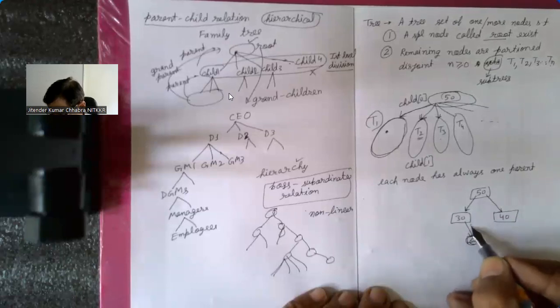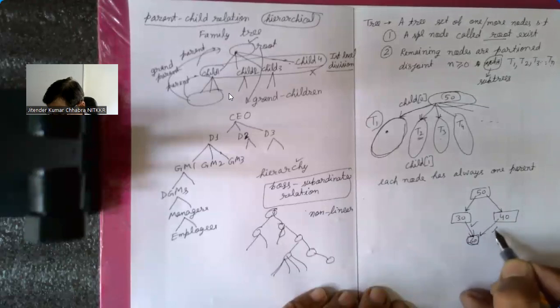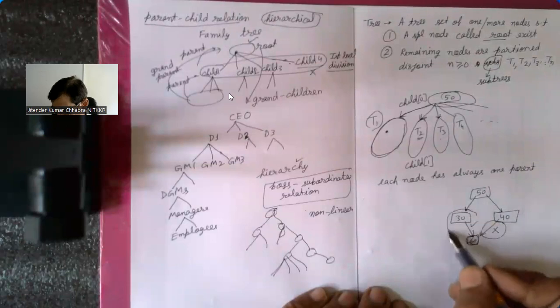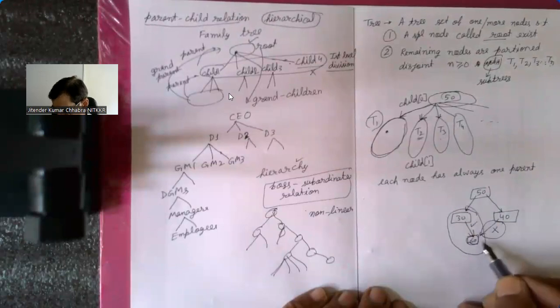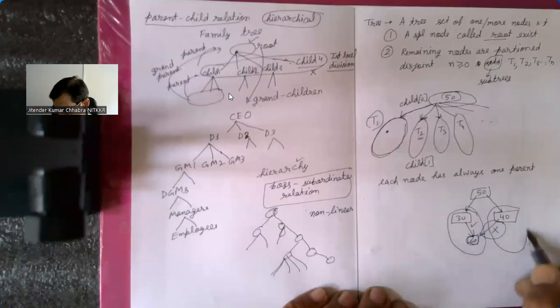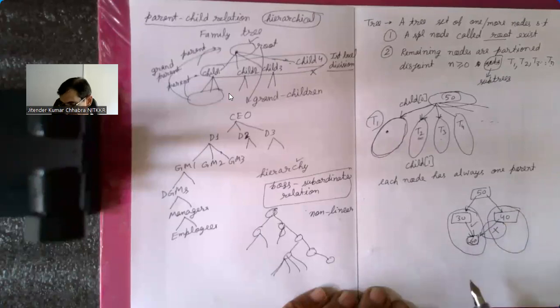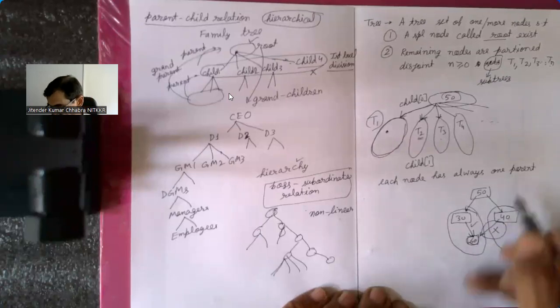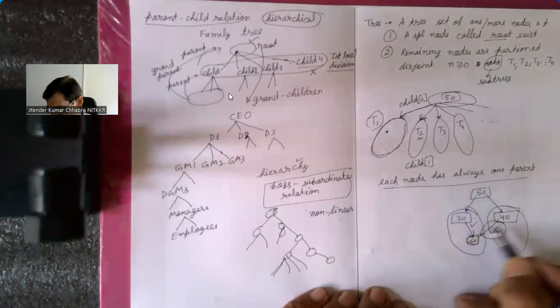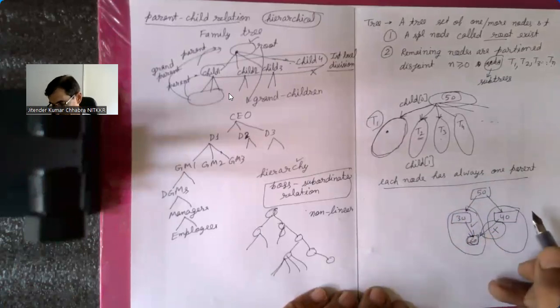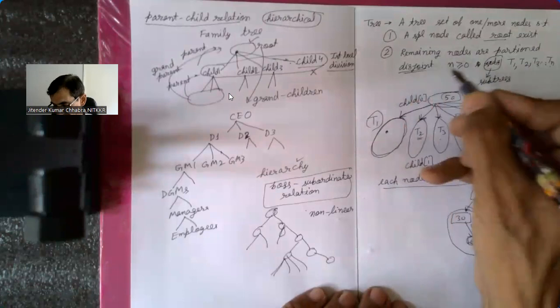If this exists, this link is impossible. That is what is guaranteed. If this is a part of T1, none of them will be part of T2. So nobody will be part of another set also. So this cross-linking will never happen. That is the meaning of disjoint.